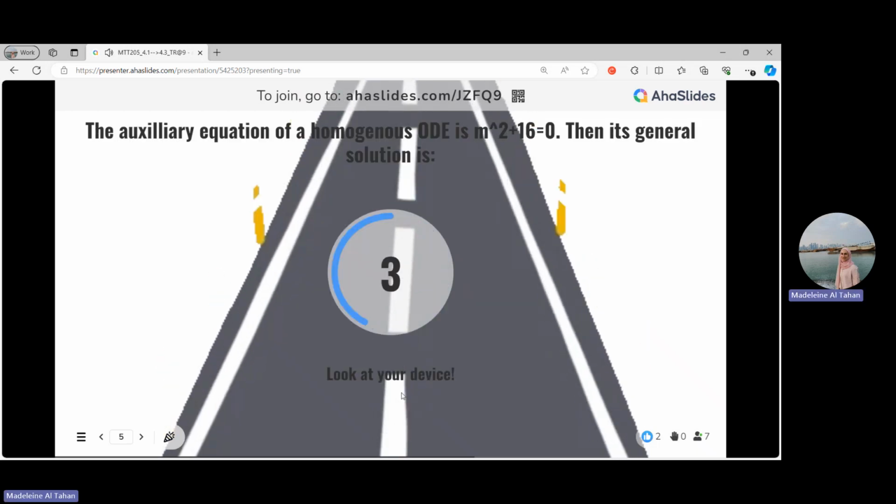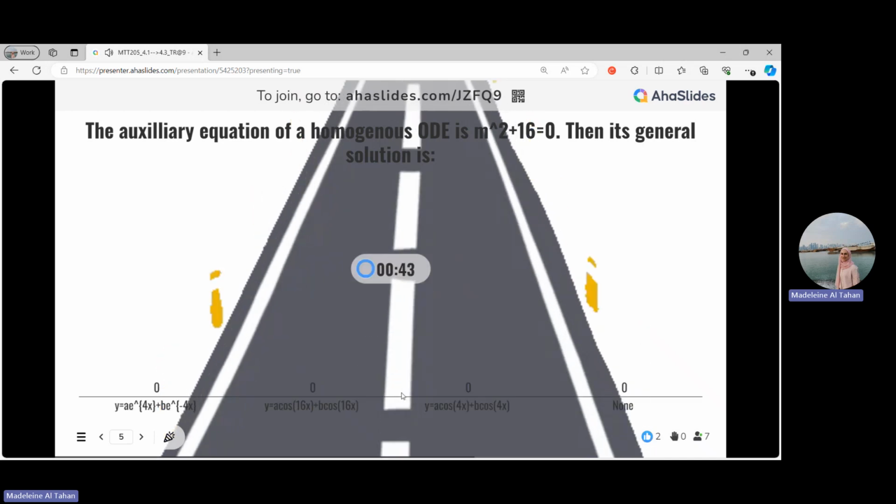The auxiliary equation of a homogeneous ODE is m squared plus b equals 0. What will be a general solution for it?